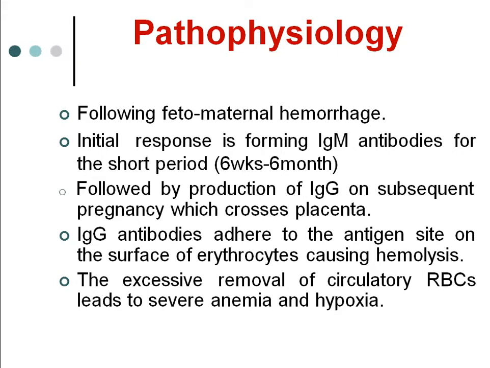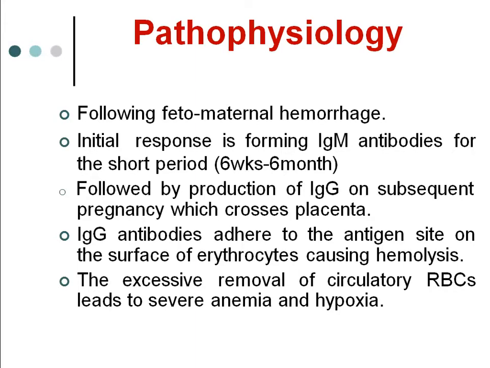In the primary reaction, what happens? In response to these Rh positive cells, it starts producing immunoglobulins. But the immunoglobulin which is produced is immunoglobulin M. This immunoglobulin M, number one, is produced slowly. That means it takes about 6 weeks to about 6 months to produce these antibodies.